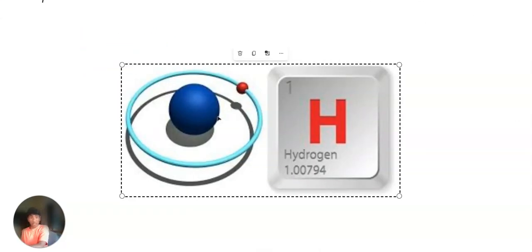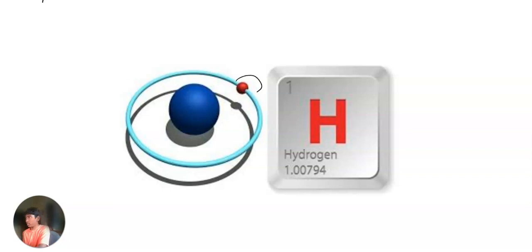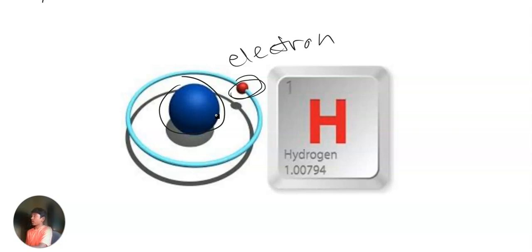See, let the blue represent a proton, and this red right here is an electron. If you don't know what protons, neutrons, and electrons are, then you might want to join me on my upcoming chemistry series.